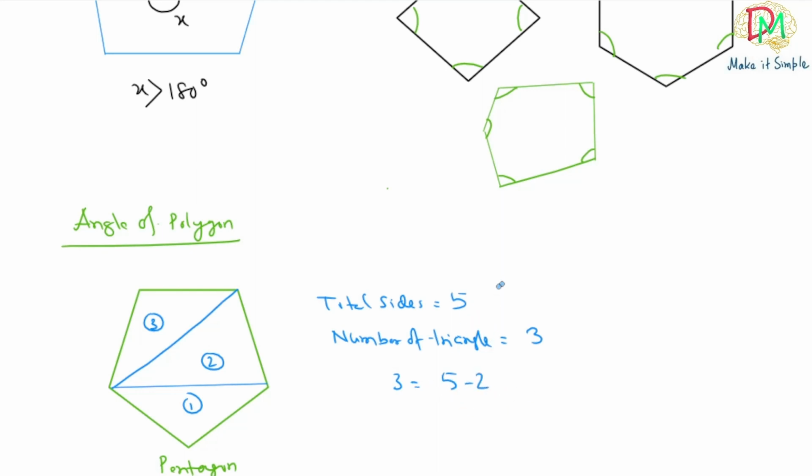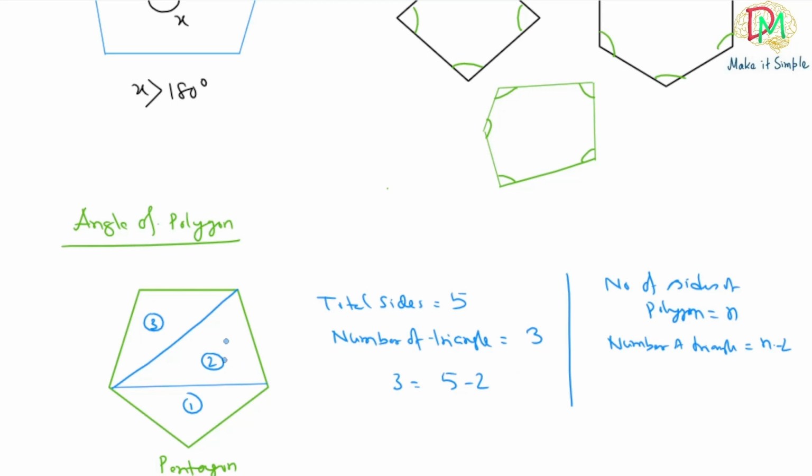Now if we consider any polygon with the number of sides equal to n, the number of triangles will be what? n minus 2. And we know the angle sum property of the triangle, all interior angles sum is 180 degrees.